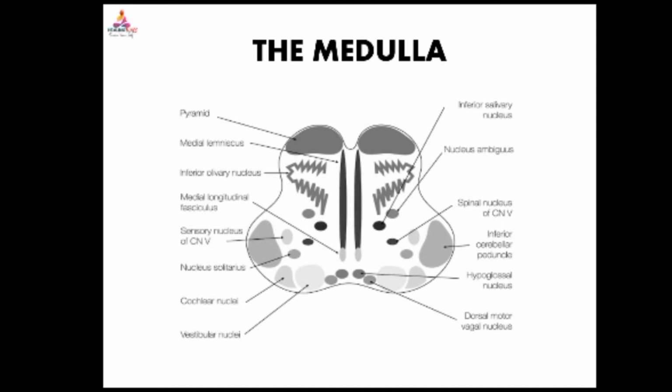Lateral to the pyramids, there are two rounded oval elevations called olives, which contain the inferior olivary nuclei. Dorsal to each olive is an inferior cerebellar peduncle. On the dorsal aspect, the medulla has cuneate and gracile tubercles produced by similarly named nuclei on either side of the median plane.